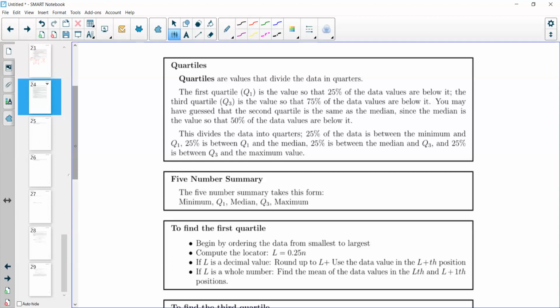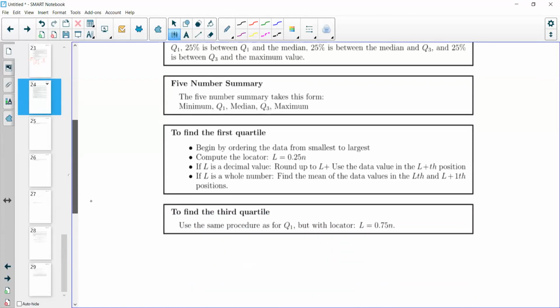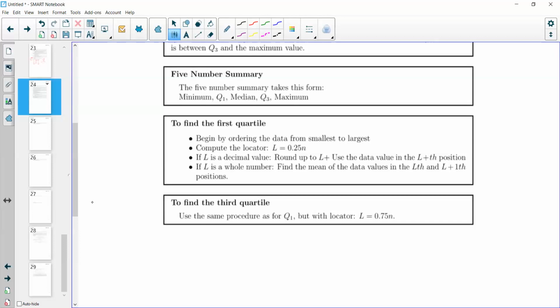And of course, the second quartile is the median. 50% of the data values are below it. This divides the data into quarters. So that brings us to our next thing called the 5-number summary. The 5-number summary is basically the minimum of the data list, Q1, the median, Q3, and the maximum.